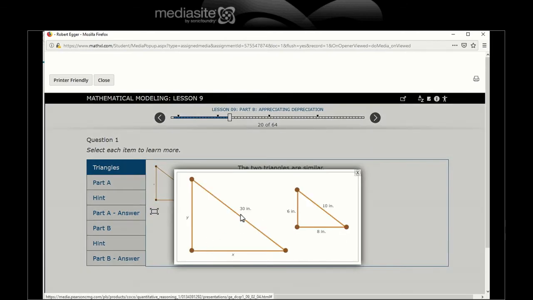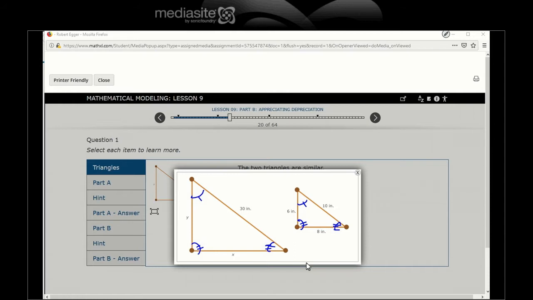So let's see. We're totally similar, which means these angles are the same, are congruent. And so the sides are proportional. Now, when I look at these two, I look at the proportionality constant between triangles.